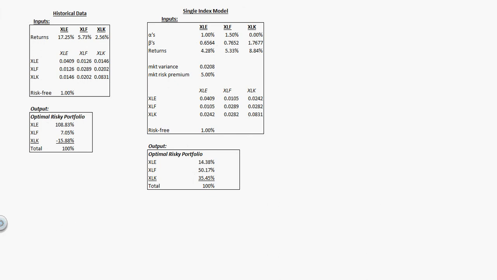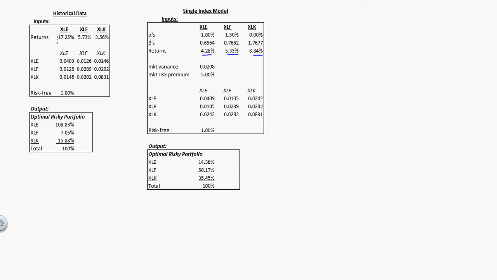Okay, so here's the results from the single index model. My inputs, the alpha and the beta, they give me my returns. And I didn't do any analysis here, I just picked the 1 and the 1.5. So my analyst is going to give me these alphas, and this is going to give me a more reasonable return of what I expect to happen going forward.